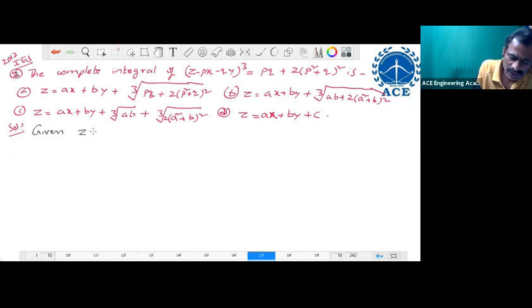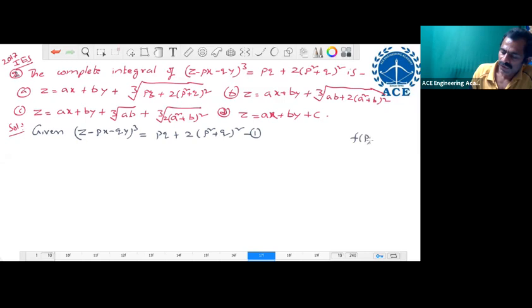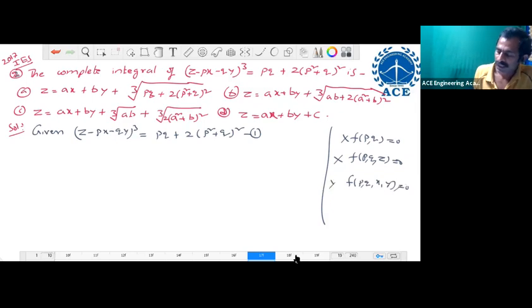Given differential equation is like this: z minus px minus qy whole power 3 equal to pq plus 2 into p square plus q whole square. The equation is not in the form of f of p and q only, not in the form of p, q, z, not in the form of p, q, x, y. So finally, the equation should be in Clairaut's form. We check whether the equation is in Clairaut's form or not. On the right hand side, only a function of p and q.